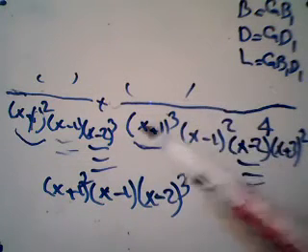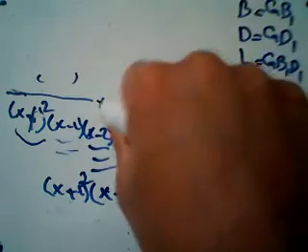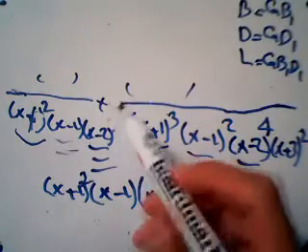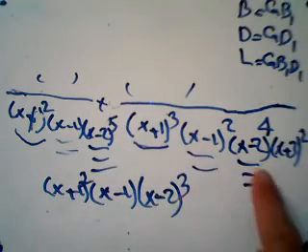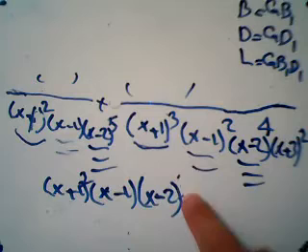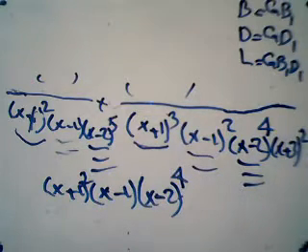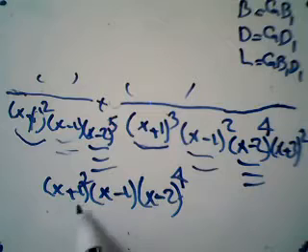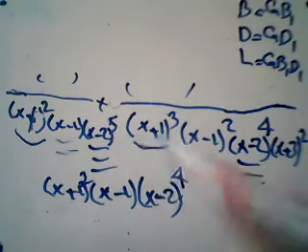And now, let me make this power 5. So the lower power between these two is 4 here. Now this is G here. What is the other factor of this?